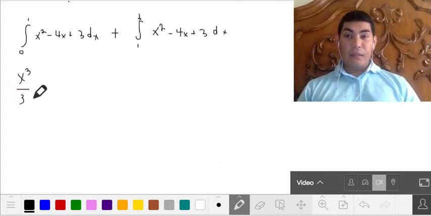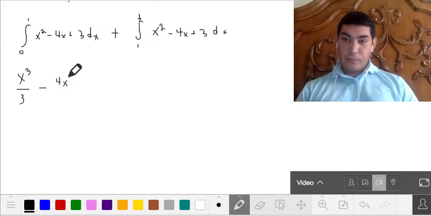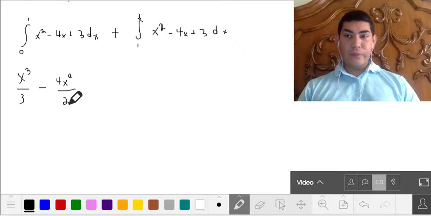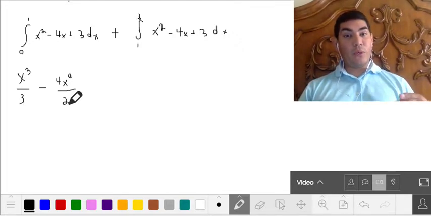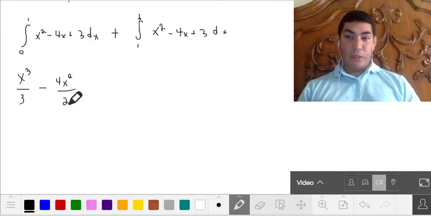The antiderivative of negative 4x will be, so the negative stays, 4x squared divided by 2. If you can see on those two terms what is happening, the exponent increases by 1 and that new exponent is divided by the new exponent.